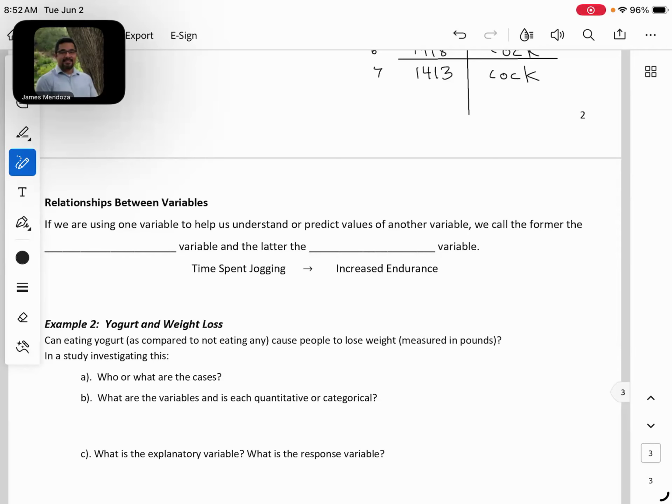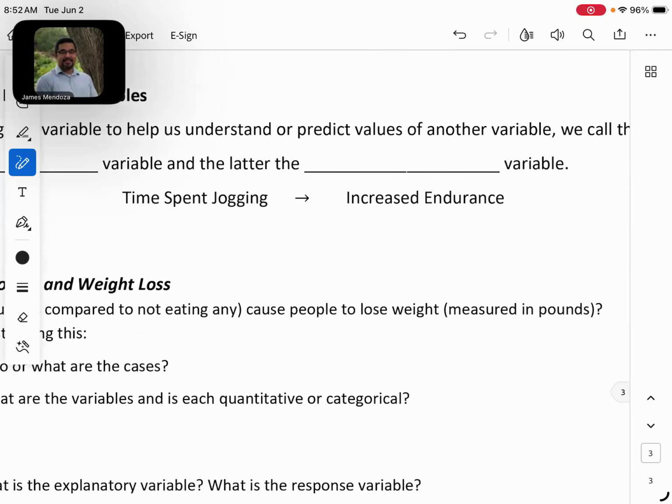In the example here, if you've ever noticed someone lacking endurance, or trying to improve their endurance, one of the ways they can do that is by doing some jogging. So if you see someone who's got pretty good endurance, like man, how are you able to go for so long?